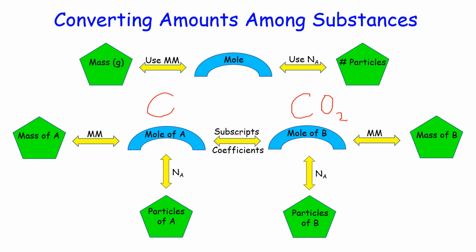We use subscripts in the chemical formula. For example, 1 mole of CO2 gives 2 moles of oxygen, but 1 mole of CO2 only gives 1 mole of carbon. So we use a subscript as the conversion factor.